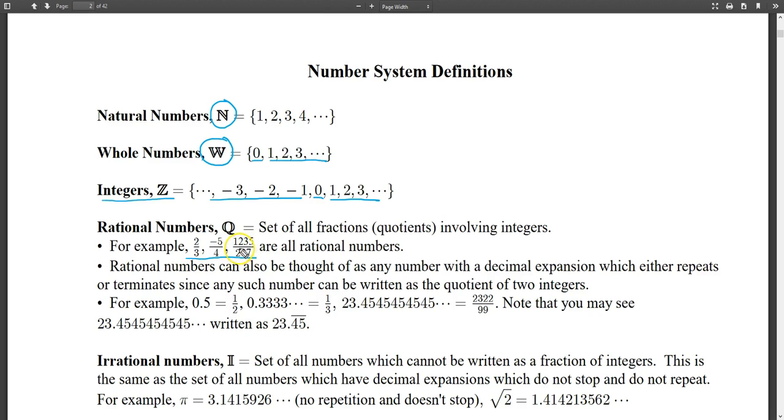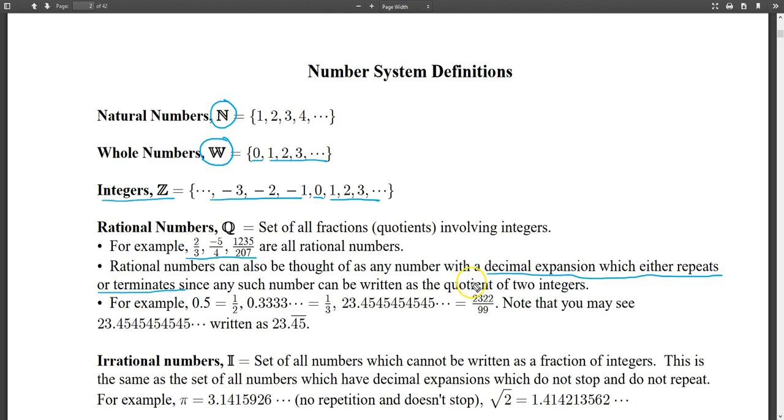Now you might have heard of an alternate definition for rational numbers. You can also define them to be the set of all numbers with a decimal expansion that either repeats or terminates. Any number with a decimal expansion that either repeats or terminates can be written as the quotient of two integers.